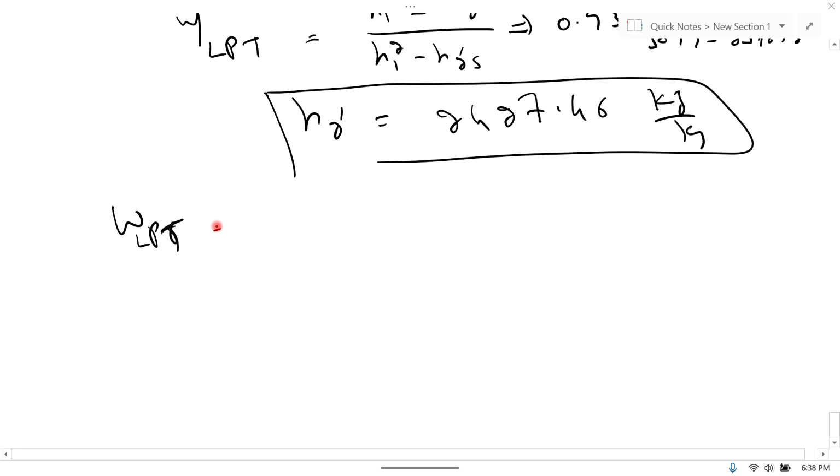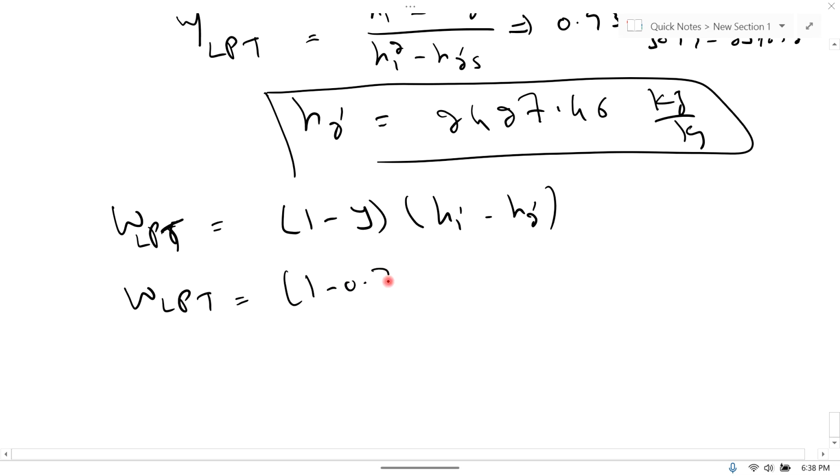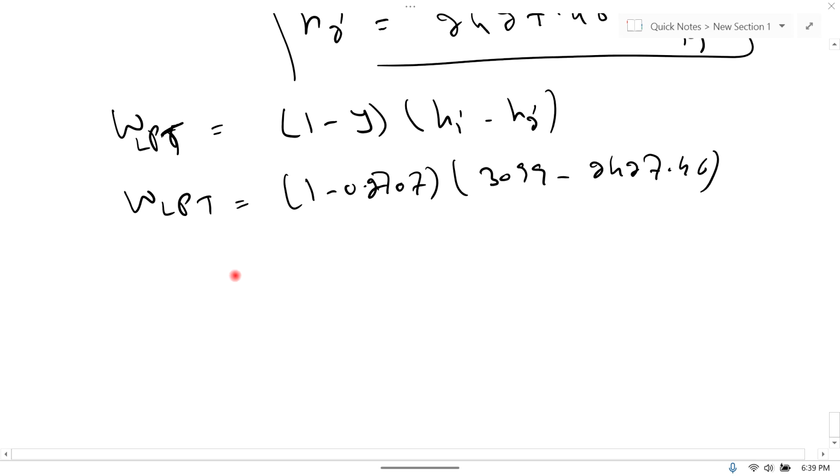So work of low pressure turbine is basically H1 minus H2, but here I can write the formula (1 minus Y) times (H1 dash minus H2). 1 minus Y because Y is extracted in the high pressure turbine, so only 1 minus Y is used in the low pressure turbine, which is equal to 1 minus 0.2707 and H1 dash is 3099 minus H2 dash is 2427.46 kilojoule per kg.